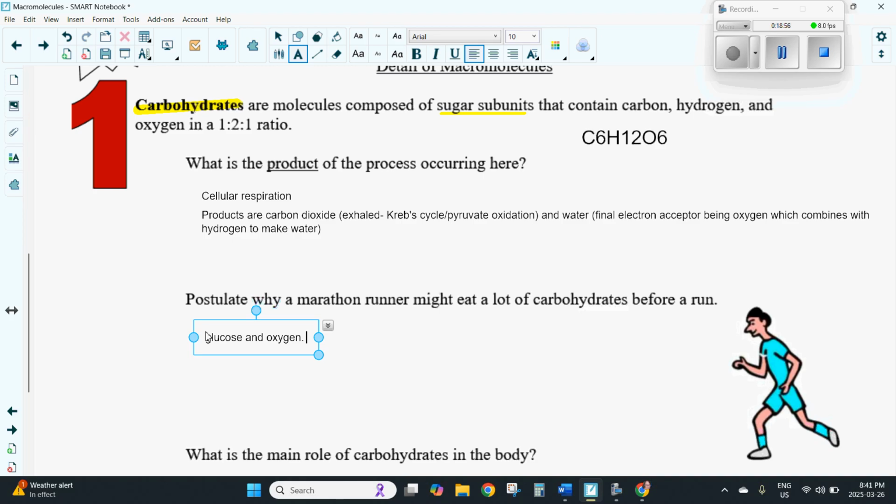What is a person going to do, you think, with all of that extra glucose if they are eating a lot of carbs? So pasta, bread, those kinds of things.